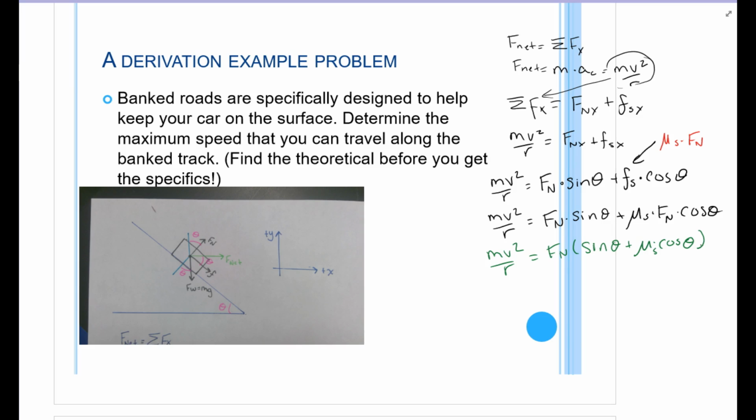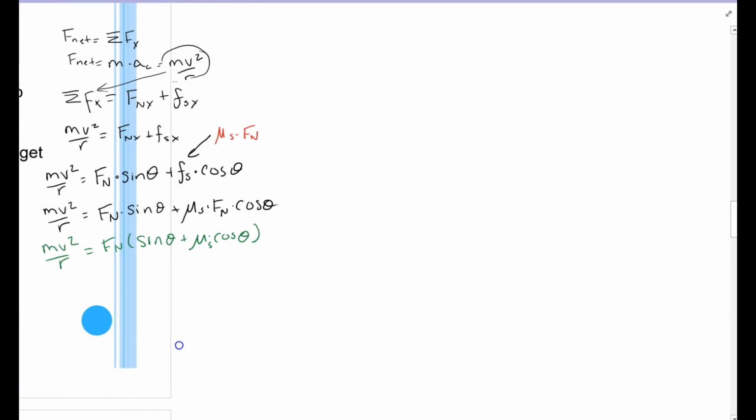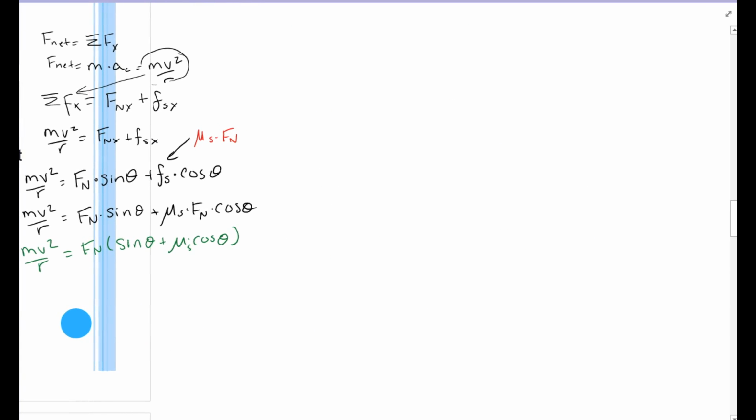So we need to go back to our other direction, because we've just been dealing with x, to find that normal force in y. I'm going to jump over to some blank space, knowing that we need to find Fn.